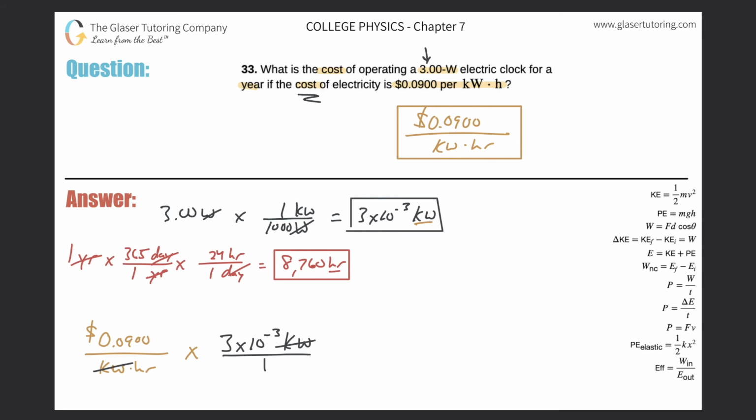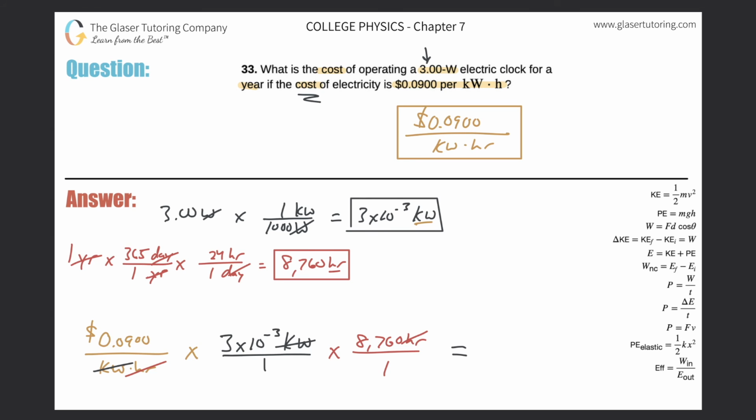Bye-bye, right? That all canceled. Now guess what the next step is? I got to get rid of hours. Oh, would you look at that? Yeah, I know what to do now. So just take this value, plug it on in. Hour, you could put it over 1 if you like, and look what happens to the hours. They cancel. And wait a minute, what's the unit that we're left with? Dollars.